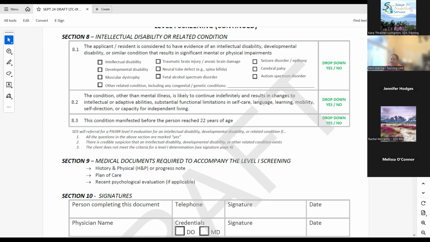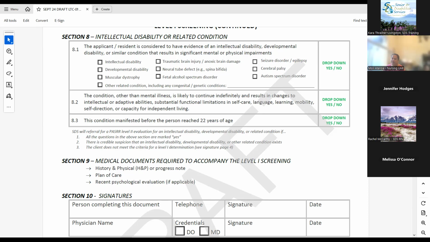Okay, moving along, section 8 starts to look at your intellectual disability or related condition. Again, formatting of the question, it looks at yes and no answers only.